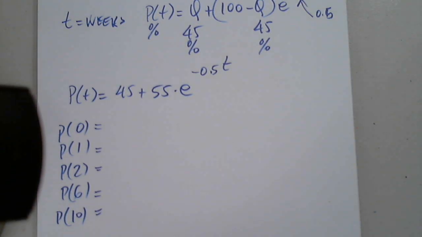I'm going to put the function in as 45 plus 55 times e, right here. Yes, you know me, I love my parentheses.